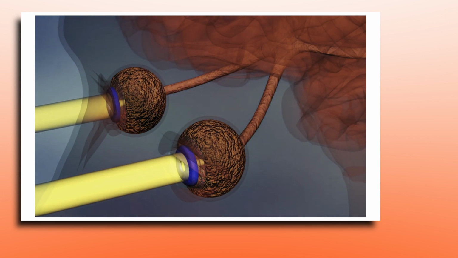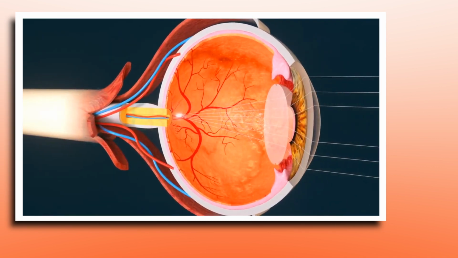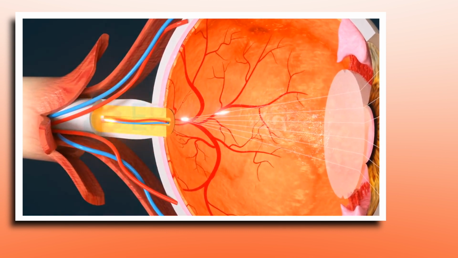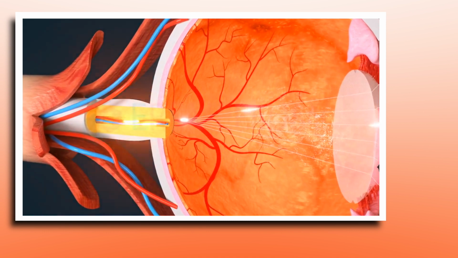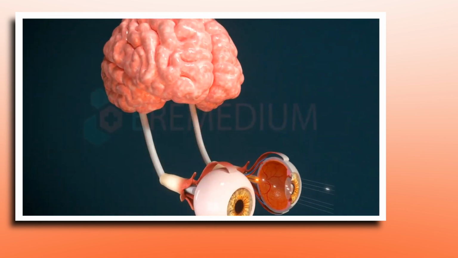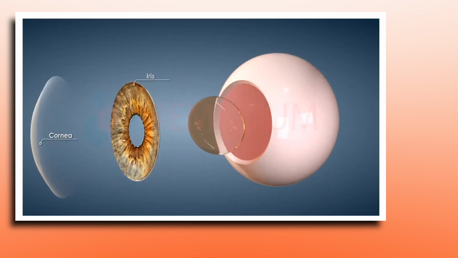When light falls on an object, we see that. From the lens, it comes to the retina, it is focused on the retina. This is called normal vision.